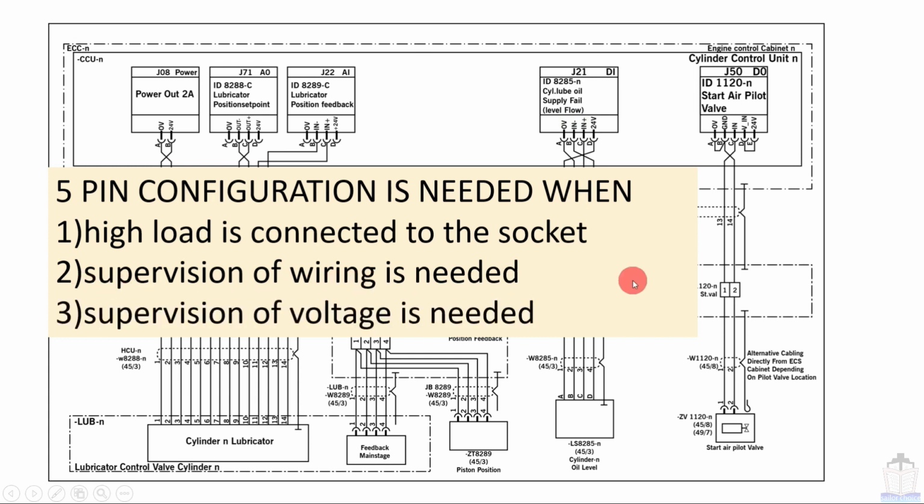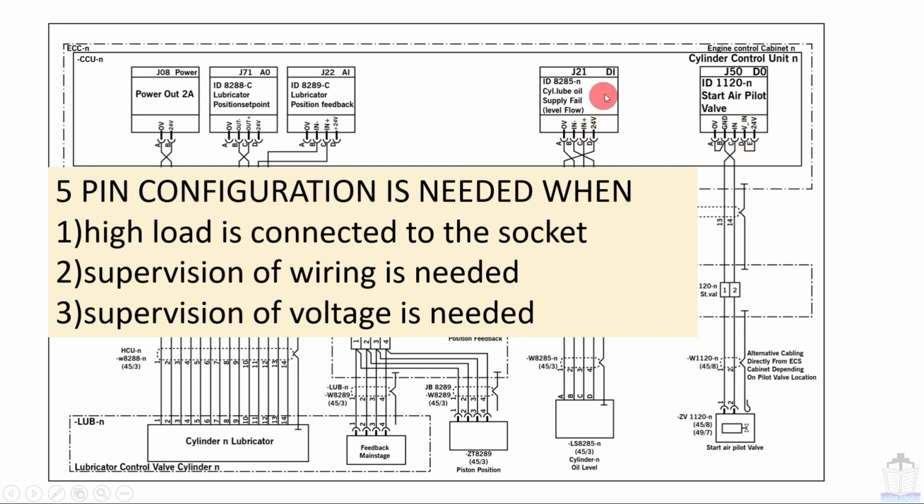Now the next one is that supervision of voltage is needed. This is a little bit important, so we will understand it through channel number 50. Here you can see that voltage is coming from some other place. It is entering into J50V through the jumper, but why?